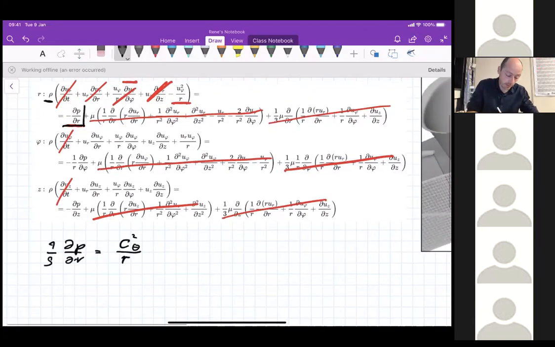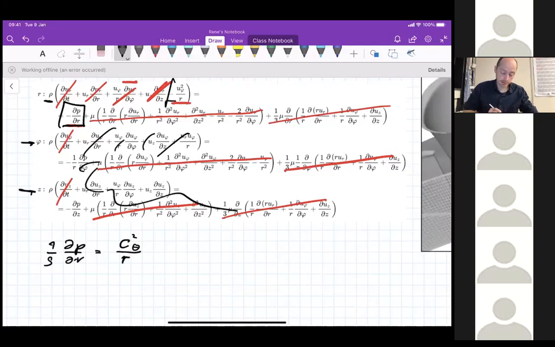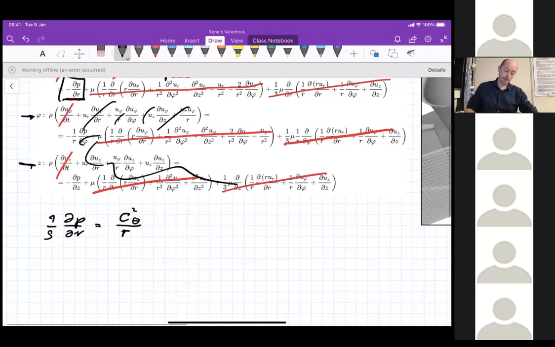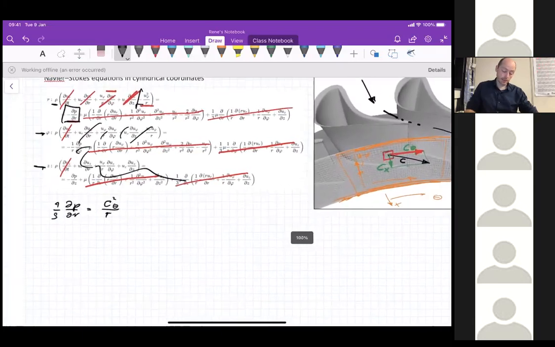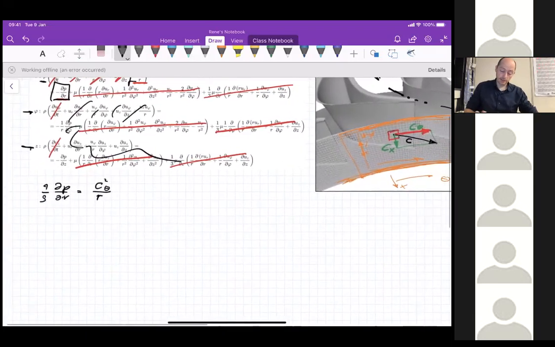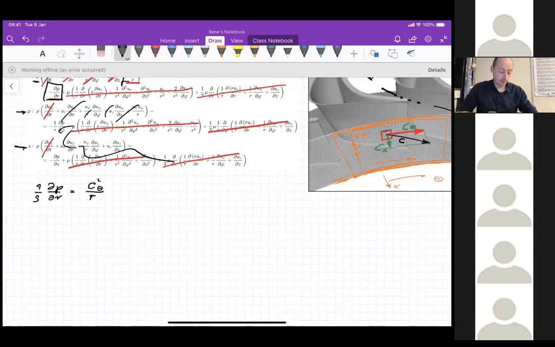Comes out from this equation here. I can also look at the phi equation, but you will see that everything will be zero, right? So these equations don't give me anything. The thing that I get is basically that the tangential velocity squared, C theta squared divided by r, equals the pressure gradient in radial direction divided by rho. Okay, it's just the centrifugal force is causing an increase of pressure, if you will.